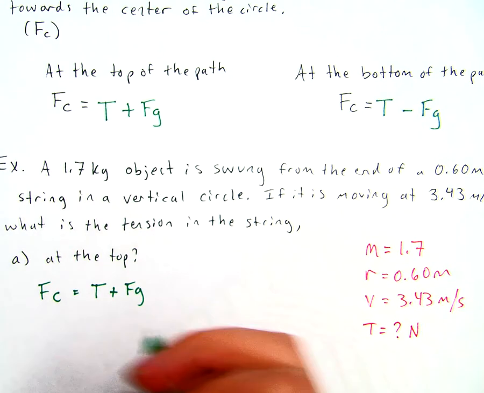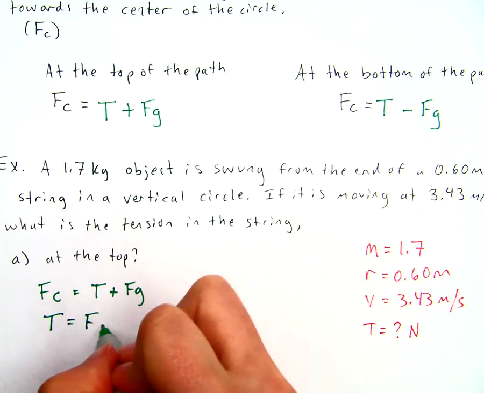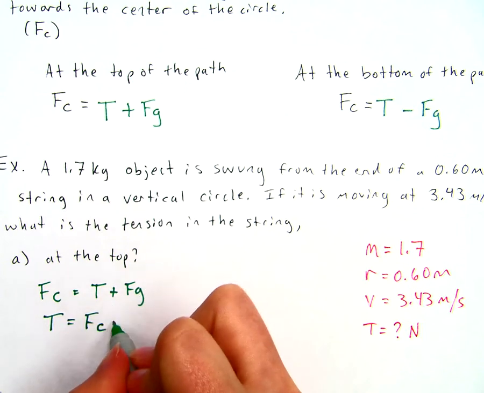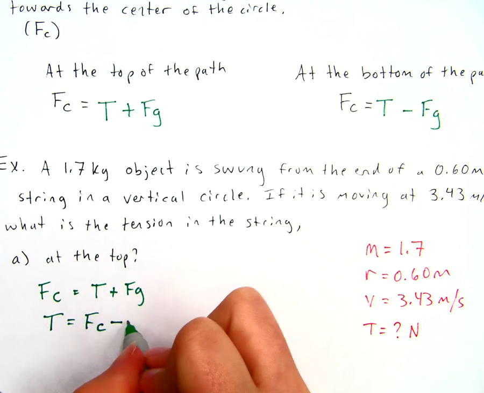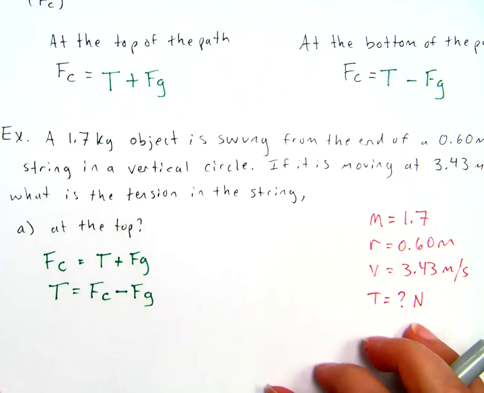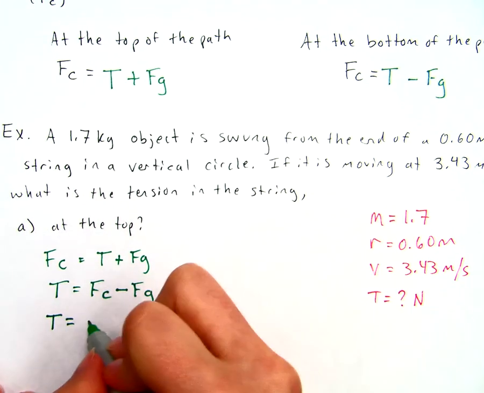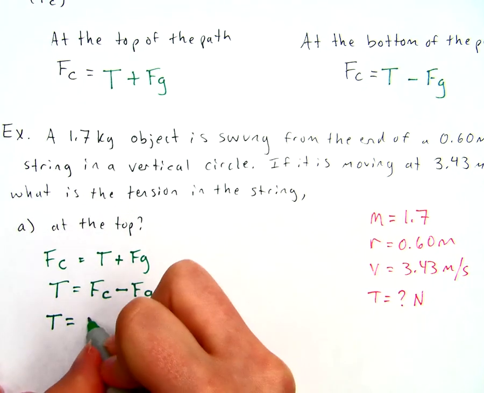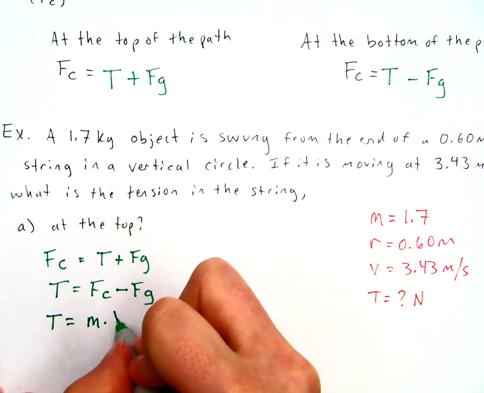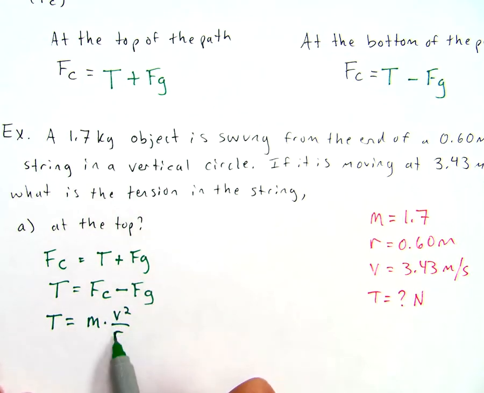By simply rearranging this equation, we know that tension will equal our centripetal force minus the force of gravity. So what I'm going to do is substitute in everything that we know up to this point. We know that the centripetal force is equal to mass times v squared over r, which is just the centripetal acceleration.